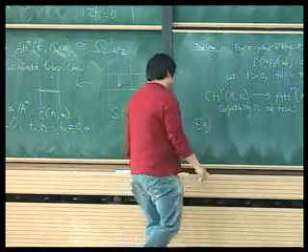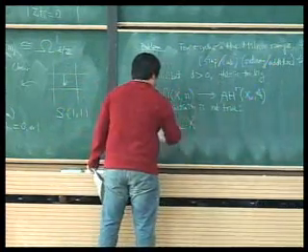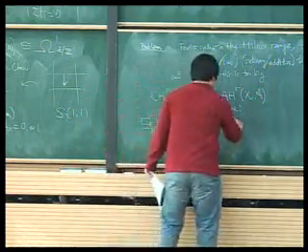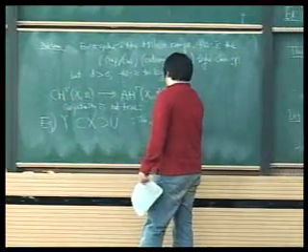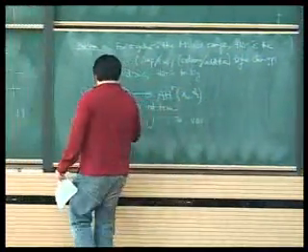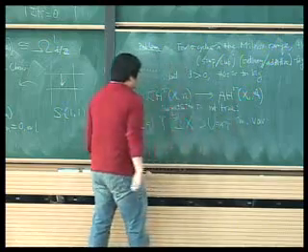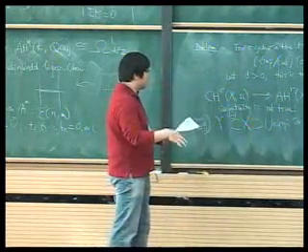For instance, if X is the same situation as for the localization sequence, I take smooth varieties, where Y is closed in X and this is the open complement. Then the higher Chow group satisfies some localization sequence.